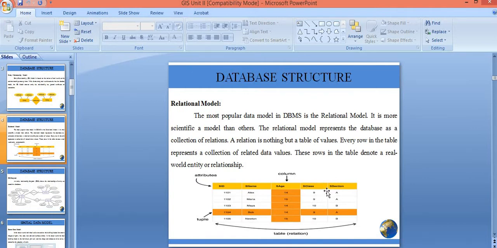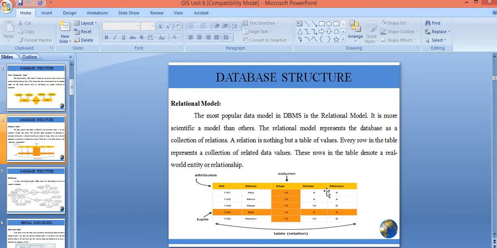The next comes your relational model. The relational model is a very, very important model. The reason is that the database systems that are currently available are mostly based on the relational model. The concept of the relational model is storing the information in the form of tables.